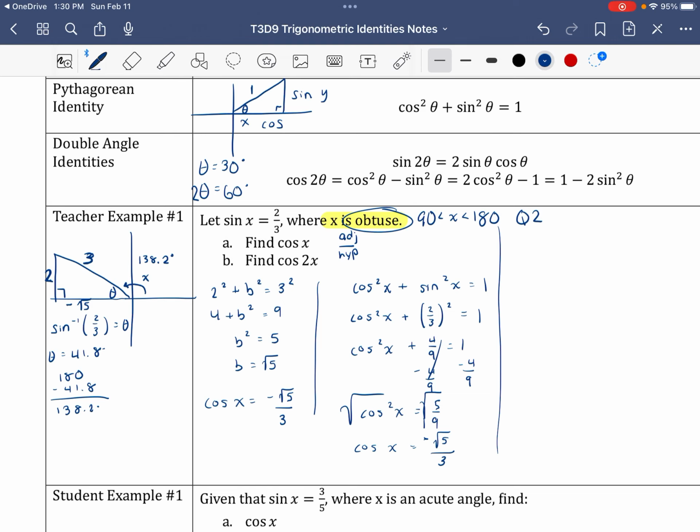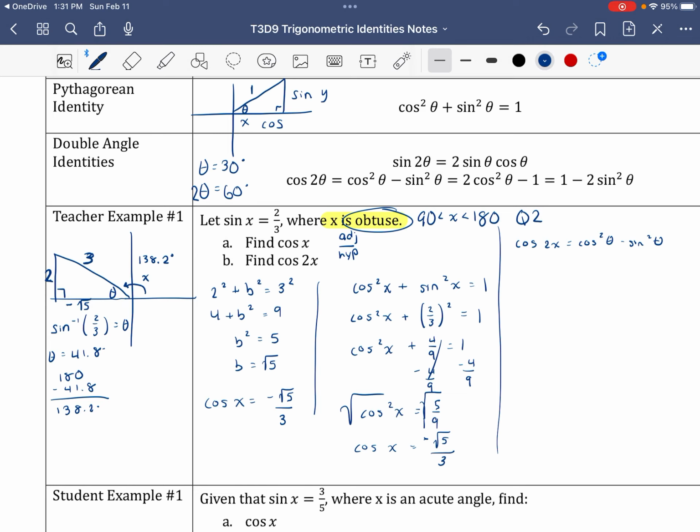Okay, in order to find cosine of 2x, we can use any of our cosine 2x identities. Since we have sine and cosine of x, I've chosen to use our cosine squared theta minus sine squared theta identity, but you do not have to.